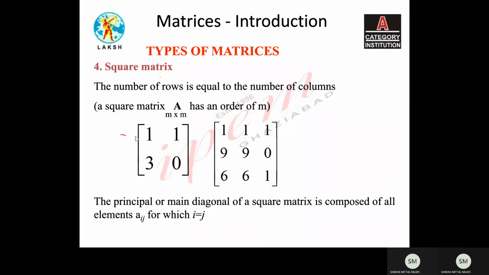This is our first row, represented by an arrow, and this is our second row, 3 and 0. These are our columns 1 and 2. So here the order is 2 by 2.